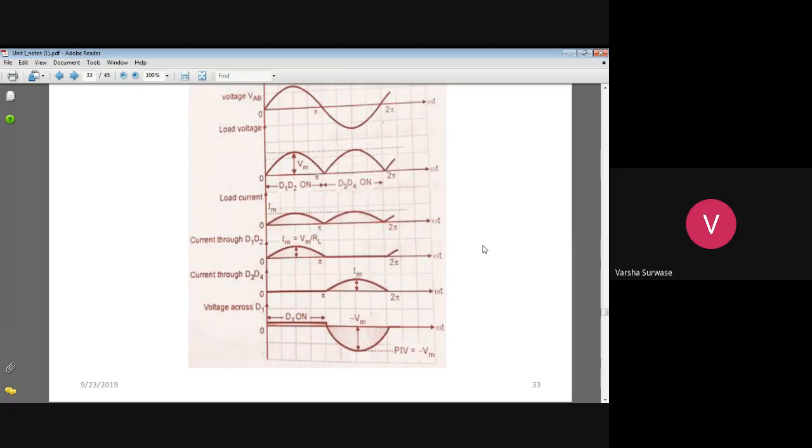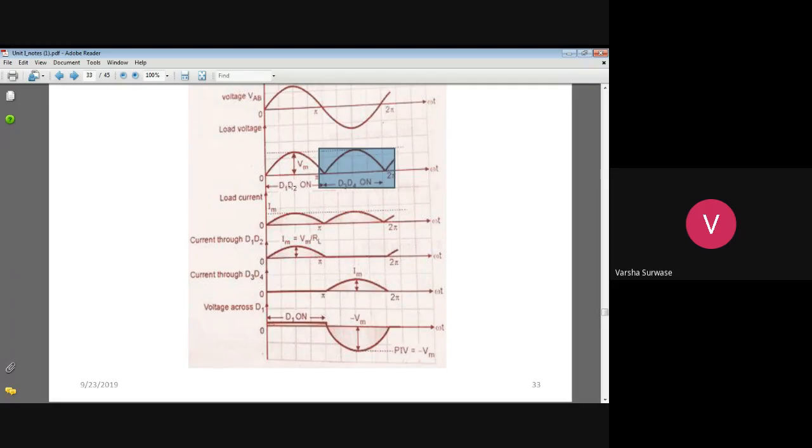Can you observe the waveform? For the negative half cycle of the input voltage, diode D3 and D4 turn on. When diode D3 and D4 turn on, you can observe that you will get the same direction of voltage and current at the output as with diode D1 and D2.